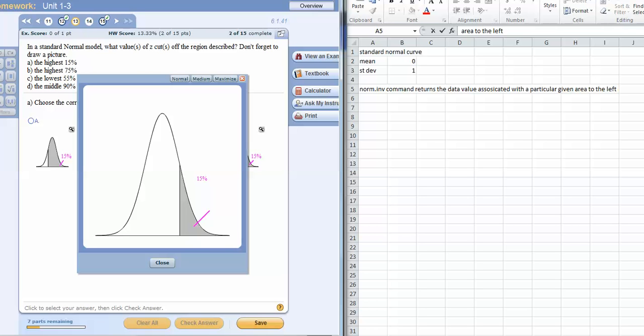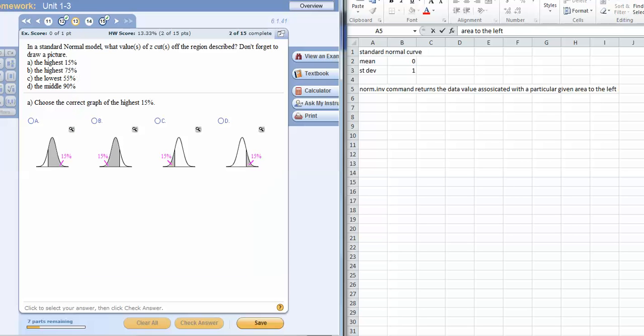You're going to have to say, all right, this white area is 100% minus the 15%, or 0.85, and that's what I need to use as my area to the left.